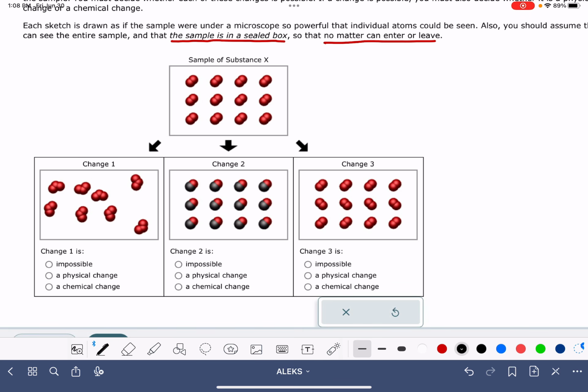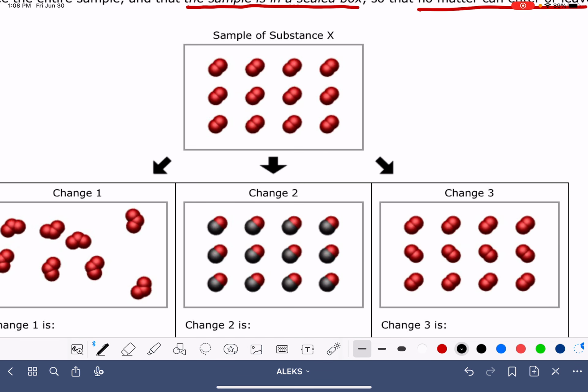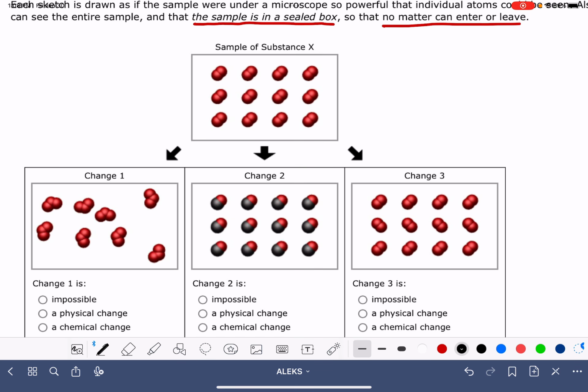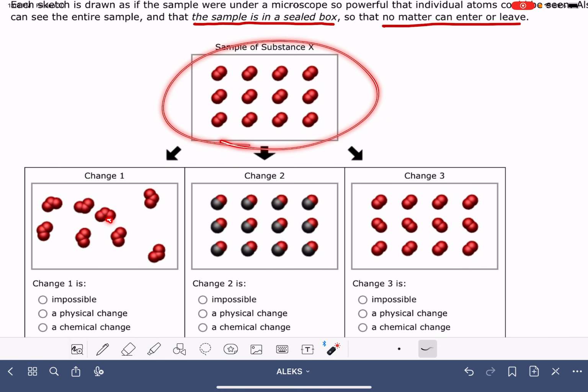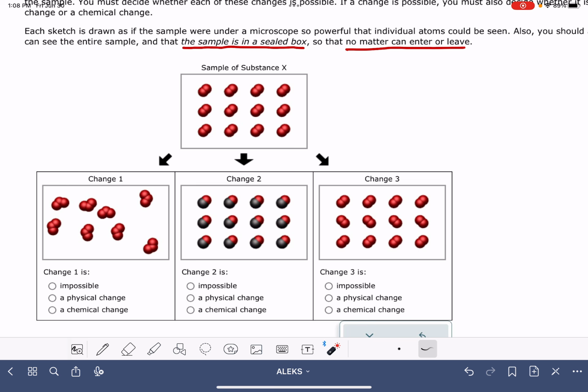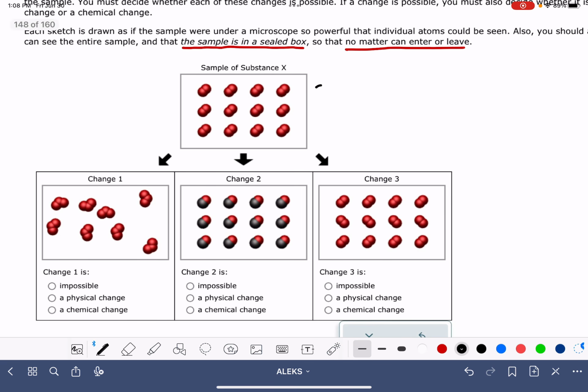It might be helpful for you to count up the number of atoms that you're starting with. Maybe not so much for this particular problem. It's a little bit easier compared to some of the other ones, but it's not going to hurt. So in my original sample, I have 2 atoms in each molecule, and I have a total of 12 molecules. So I'm starting with 24 red atoms, whatever that red atom represents.